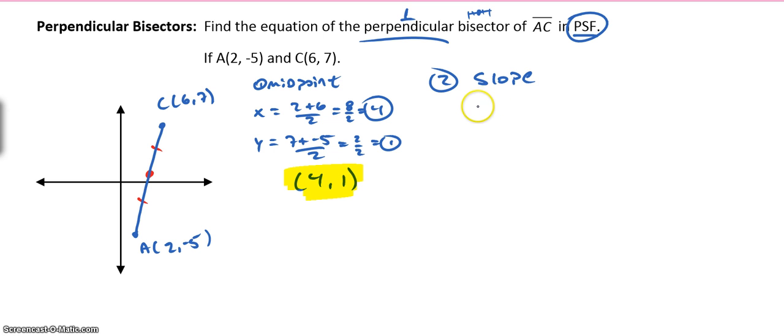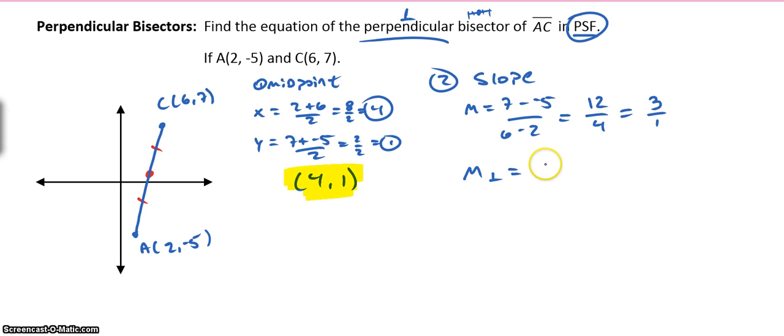We have m equals (y2 - y1) over (x2 - x1), which gives me positive 12 over 4, which is 3. Some of you like to say 3 over 1. Now, if we're perpendicular to 3, my perpendicular slope is going to be -1/3. Remember, it's the opposite reciprocal. So we flip the fraction and change the sign.